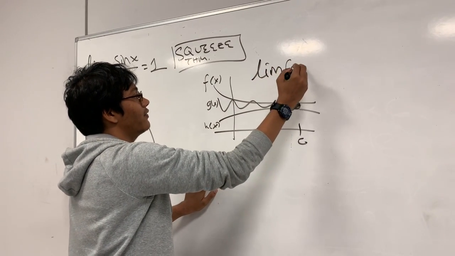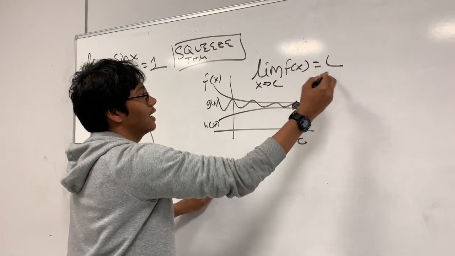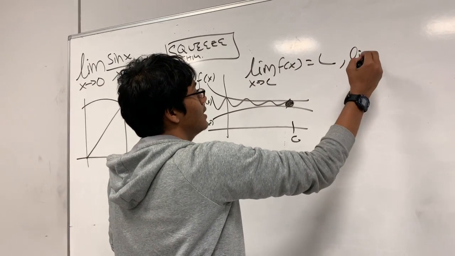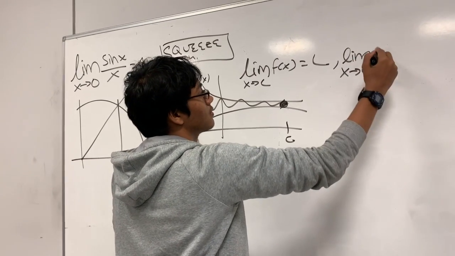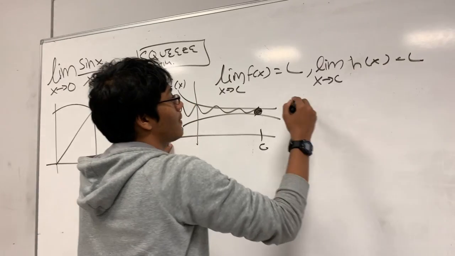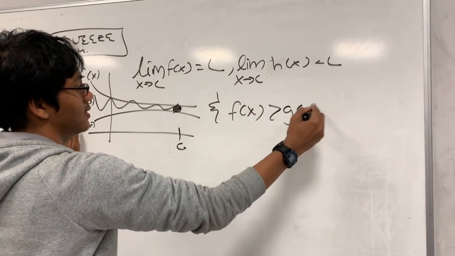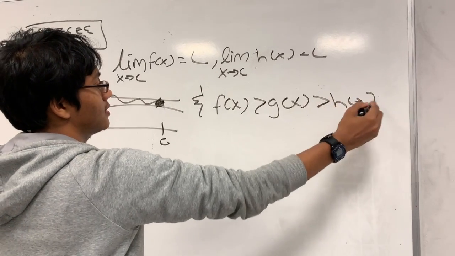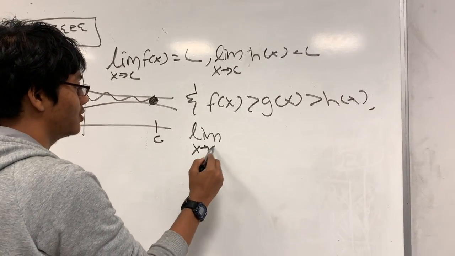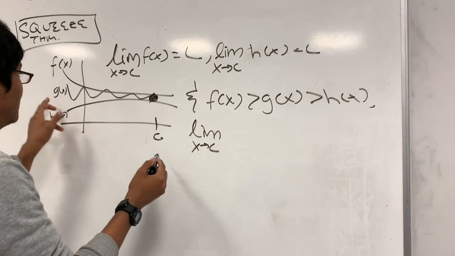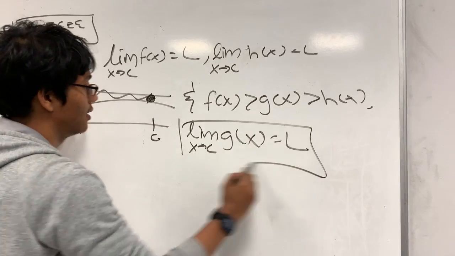If the limit of f of x as x approaches c equals L, and the limit as x approaches c of h of x equals L, and f of x is greater than g of x is greater than h of x, then the limit as x approaches this constant c of the middle function, g of x, must also approach L.